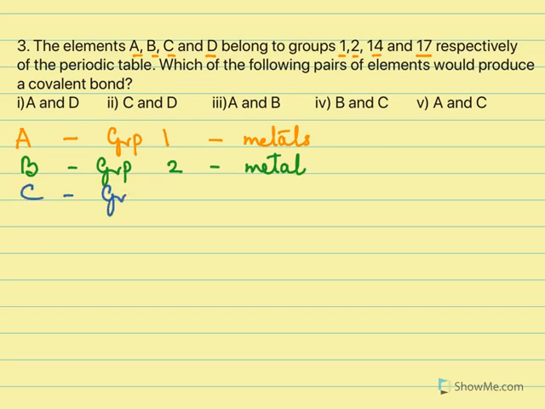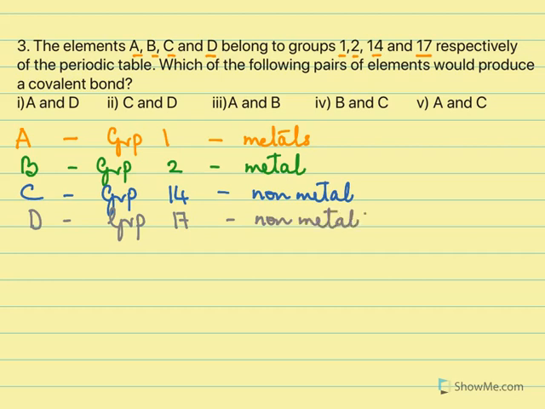Then we have C, group 14, non-metal. And then we have D, which is group 17. So again, non-metal. Now, which one will produce a covalent bond?